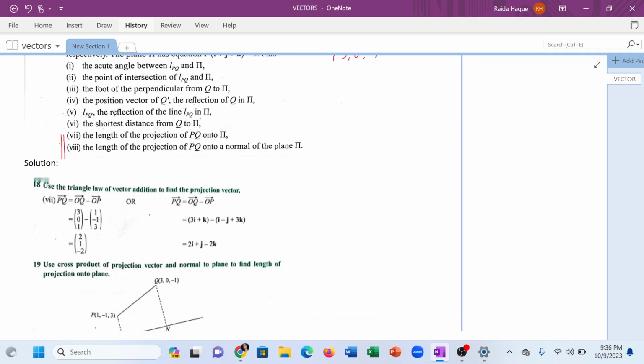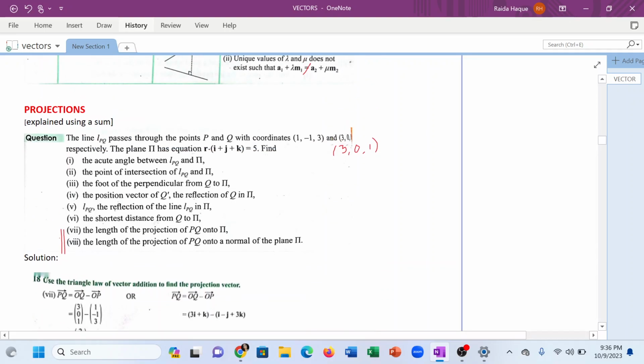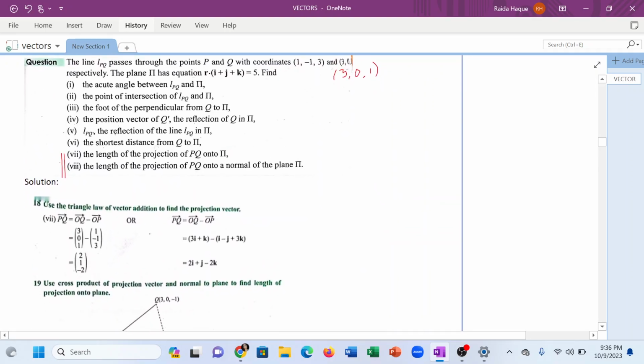Firstly, to find the projection vector, the very first thing that we need to do is to find the vector PQ. By the triangle law, we know that PQ is OQ minus OP. So we have the vector PQ. Now you can do it by either of the two methods.